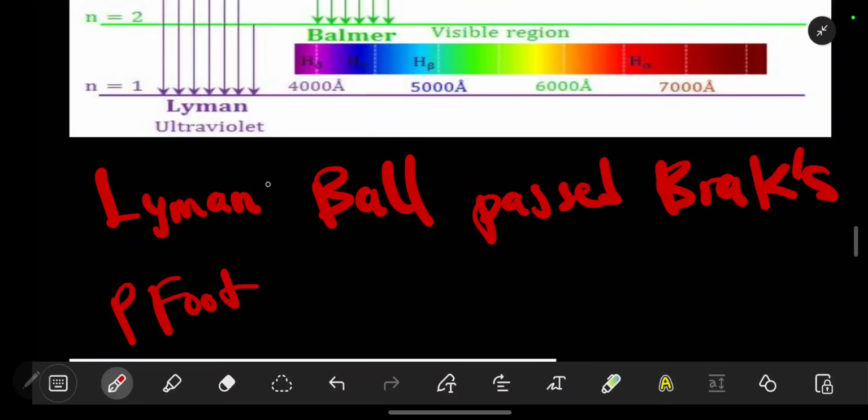So now what are they? This simply refers to the drop. So we have the drop to 1, the drop to 2, the drop to 3, the drop to 4, the drop to 5.